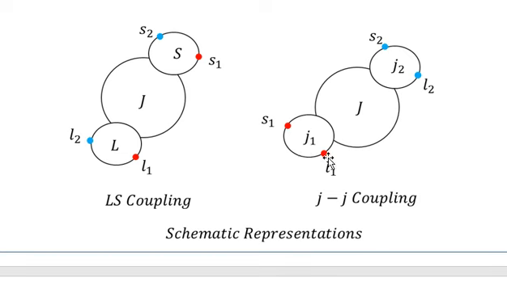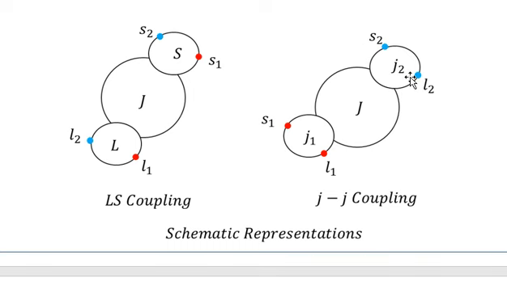This is the JJ coupling. So L1 and S1 of the same electron will combine together to give you J1. Similarly, L2 and S2 of the second electron will combine to give you J2.